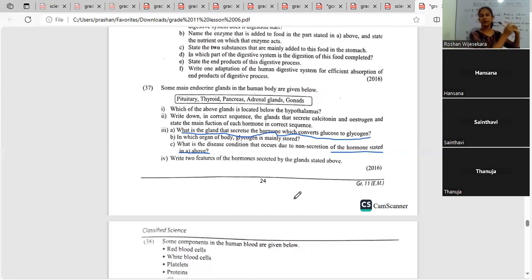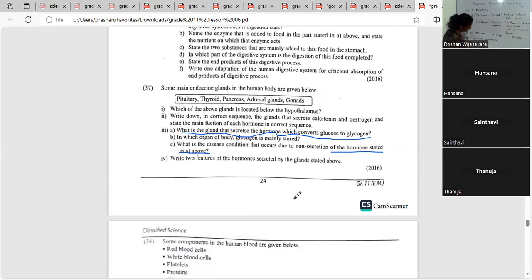They are secreted in one place and act in another place. Those are the common features of hormones. You have to write those. Hormones are organic compounds, secreted in one place and act on another side.